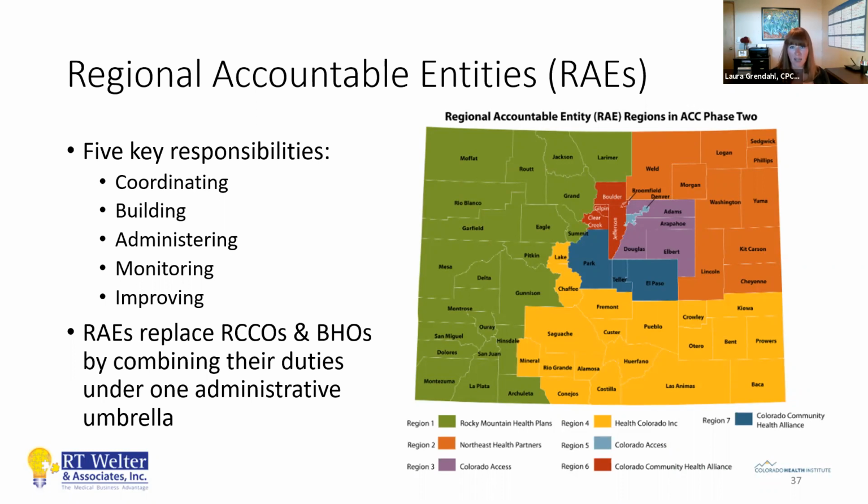They coordinate the care of Health First Colorado members and monitor data. So again, here's your data monitoring, here's your production reports, making sure that those production reports are relevant and accurately reflect what your clinic is doing on a day-to-day basis.